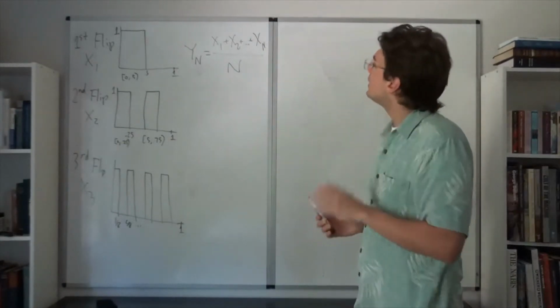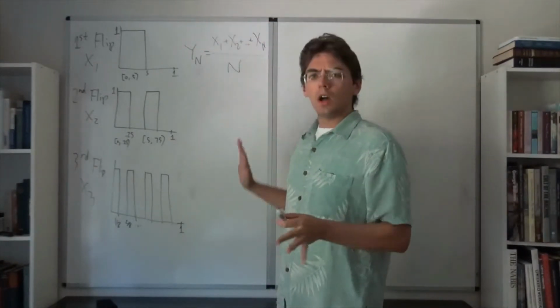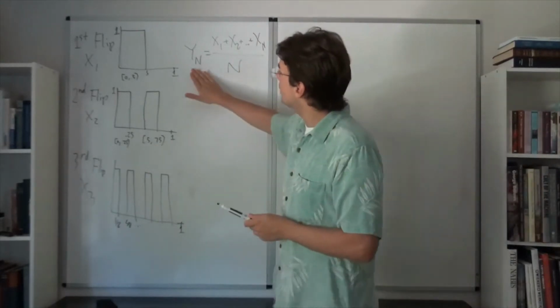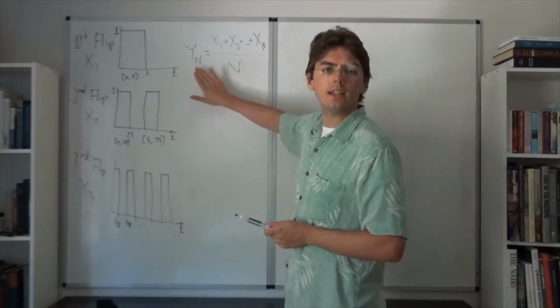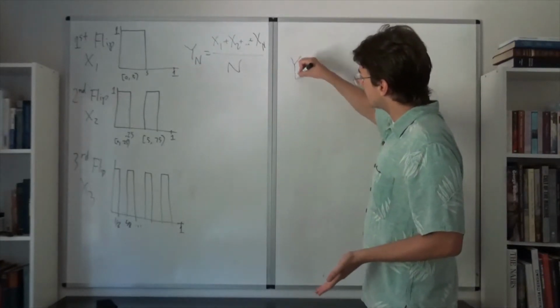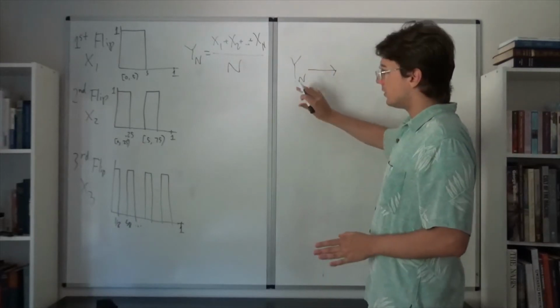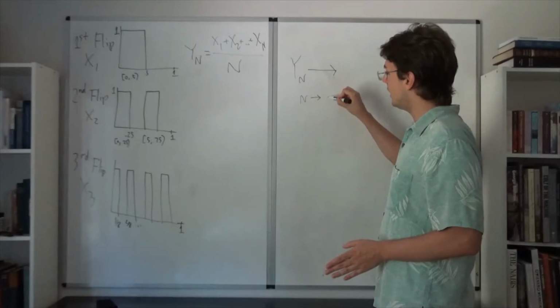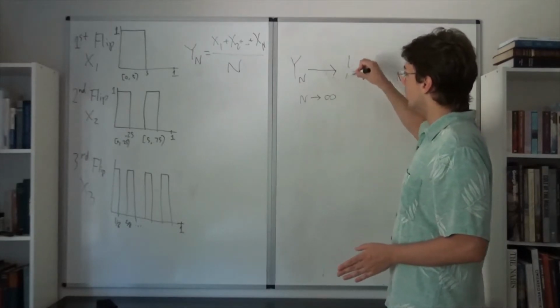One thing about this is we already know what this should look like ultimately. As in, what should this tend towards as n gets larger and larger? We have a very clear sense that as n gets larger and larger, this should tend towards 1/2.